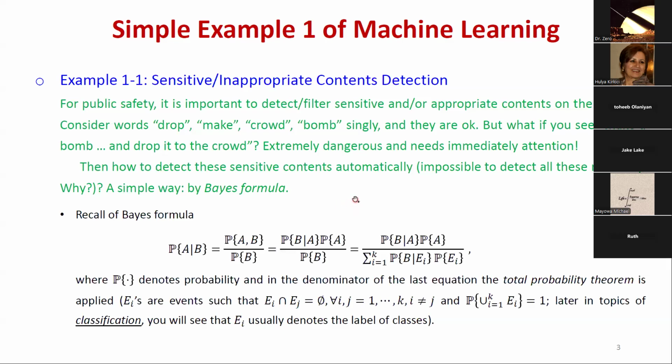So it is basically a classification problem, meaning I will ask you to give a label to a new paragraph, or a new sentence. Let's say this is a sentence: make a bomb and drop it to the crowd. I give you this sentence, and I'm going to ask you, is this sensitive? I want you to make a prediction.